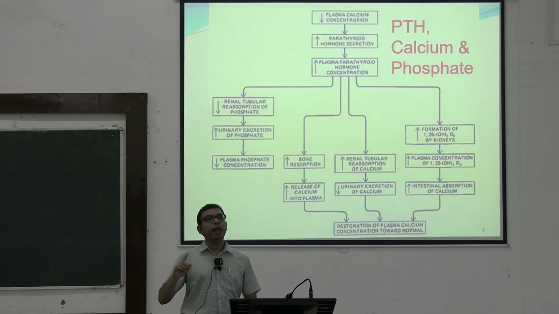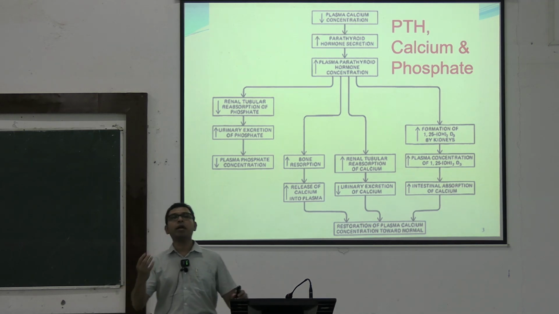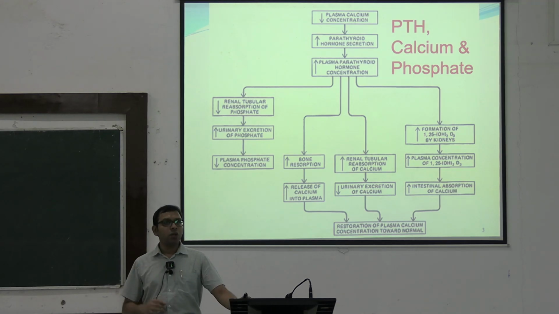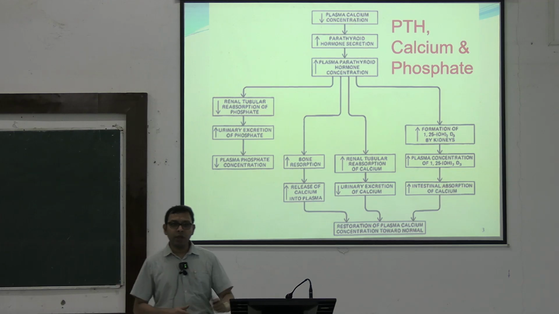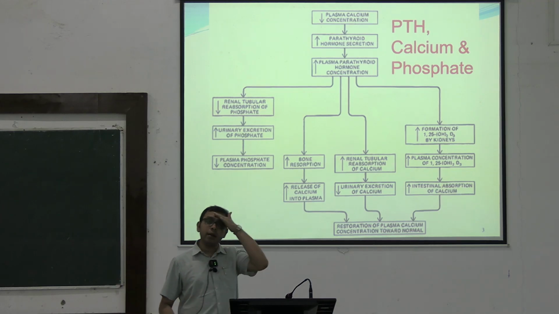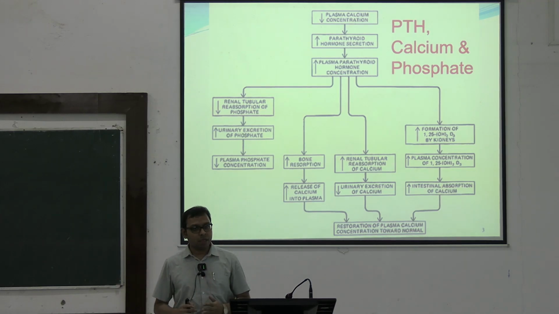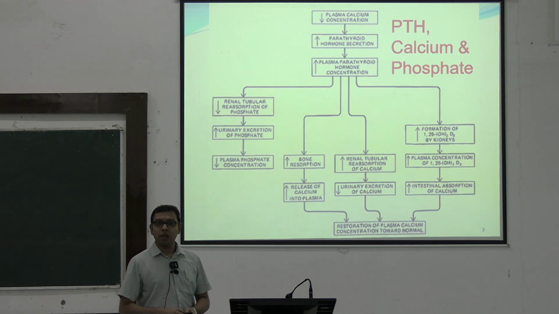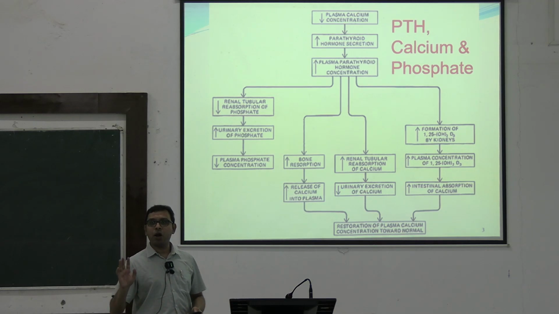And in the bones, it helps in the resorption of the bones so that more calcium will be available in the serum or plasma. So when the balance is disturbed, there will be more parathyroid hormone secretion, but when the balance is maintained, the parathyroid hormone secretion will be less. This way the homeostasis of calcium, vitamin D and parathyroid hormone is maintained.